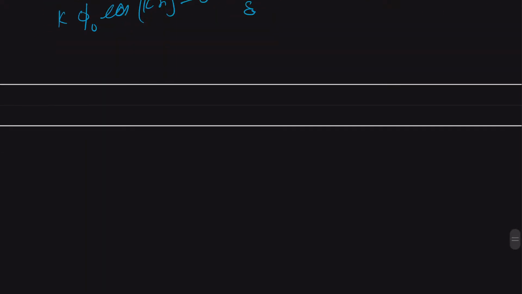Therefore from here we are interested in charge density, that is rho of x will be equal to epsilon naught k phi naught cos of kx. This is the value of our charge density.